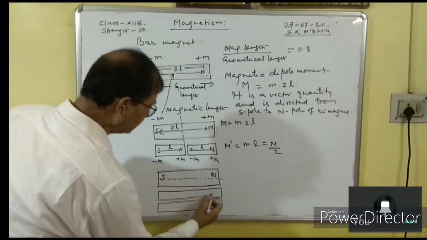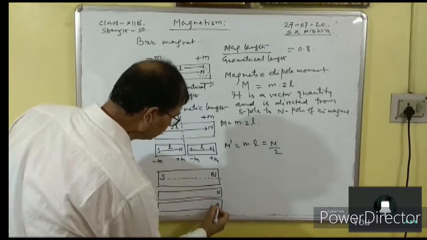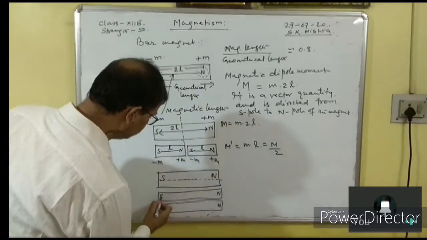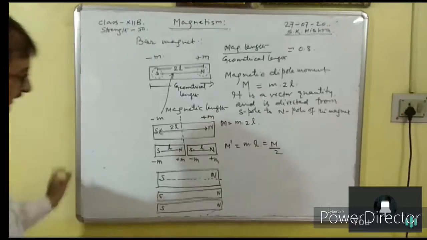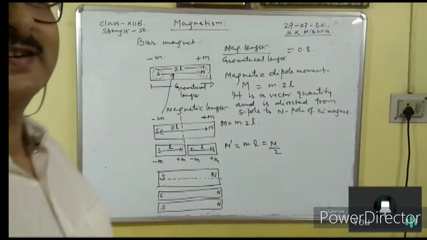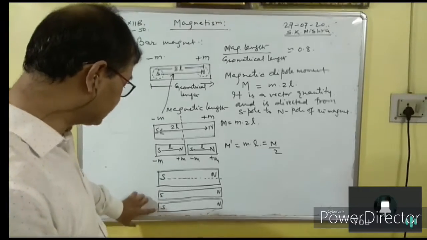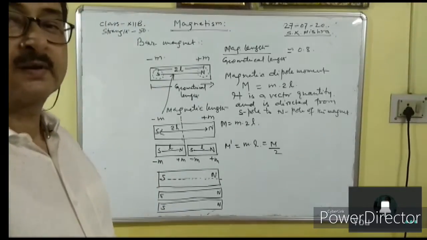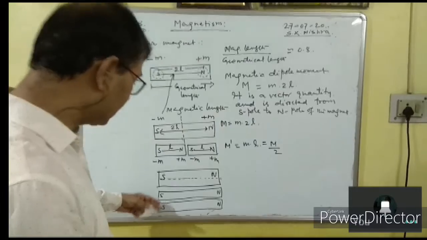Earlier it was 2L, now it is L. So m into L, from here it is M by 2. So the magnetic dipole moment of one piece becomes half of the original magnet if you divide it like this.